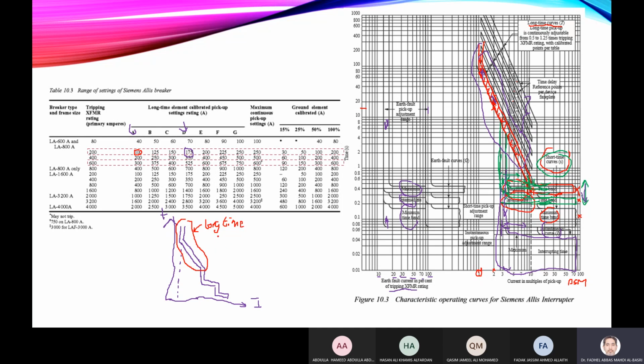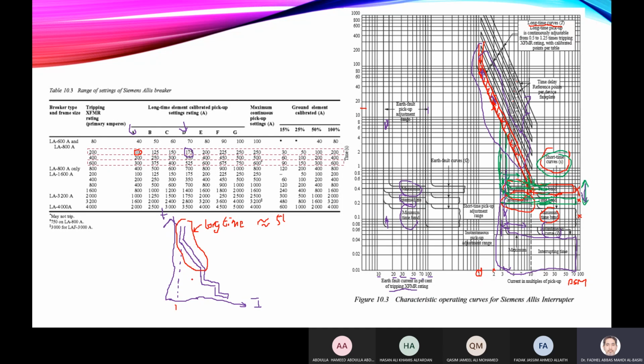So it's like a 51 element. This is equivalent to a 51 time overcurrent relay, where the pickup is here. This is I pickup. Normally, as a multiple, this is one, your pickup setting for the time. And the time setting, this curve can be moved down or up depending on which band you choose.